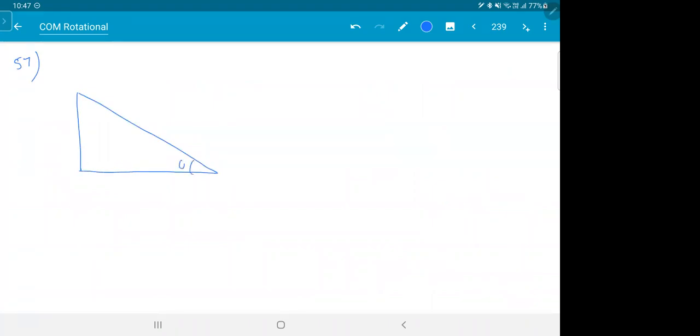So we have an incline theta. There's no slipping and the height is h. Here we have an MR solid cylinder. So the cylinder will roll now. Find the acceleration of the cylinder and the time taken to reach the ground.